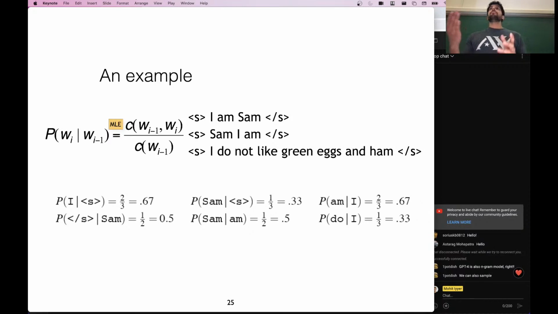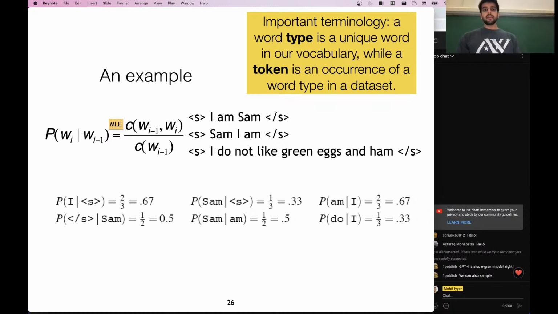You can do the same exercise for a trigram model or whatever order of n. All it requires is counting occurrences of the prefix, then counting occurrences of the full phrase, and doing the normalization.